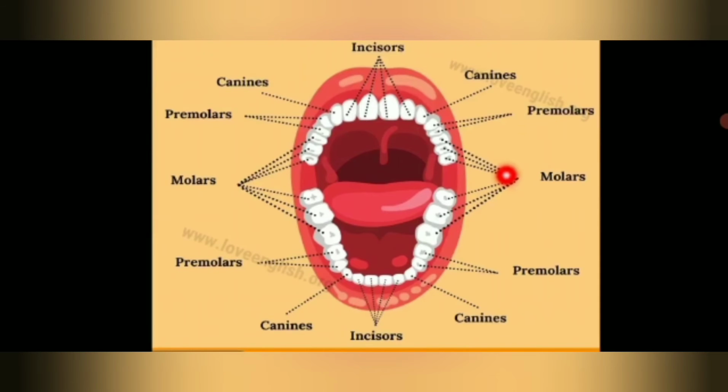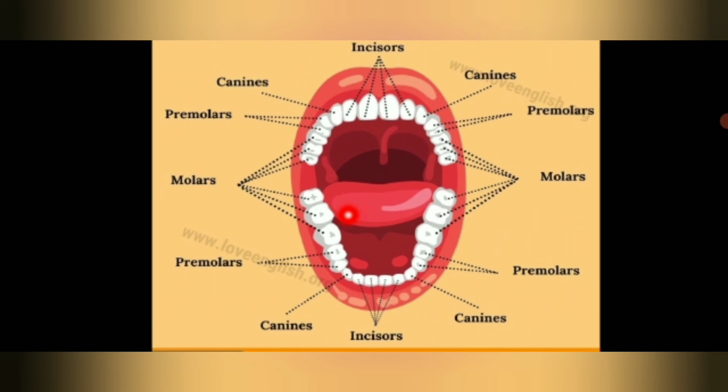Now look at the last 3 teeth, these 3, 1, 2, 3 on both sides of each jaw. See here, the last 3, 1, 2, 3 in the upper jaw, and in the lower jaw 1, 2, 3 and this 1, 2, 3. These are called molars. Their function is similar to premolars, that is grinding of the food. Here they are 3 plus 3, 6, 3 plus 3, 6.